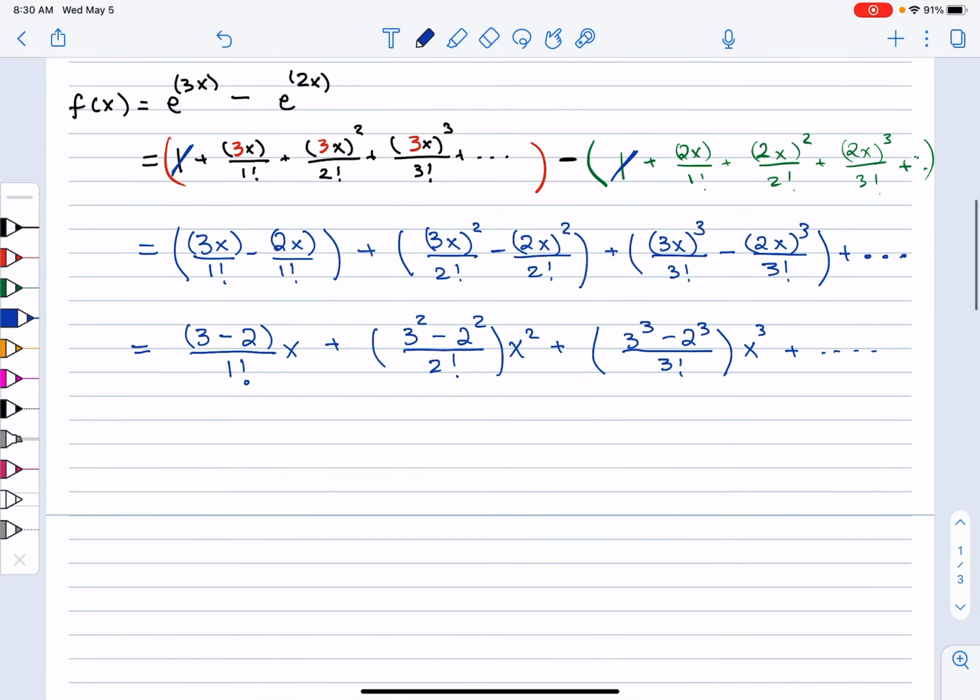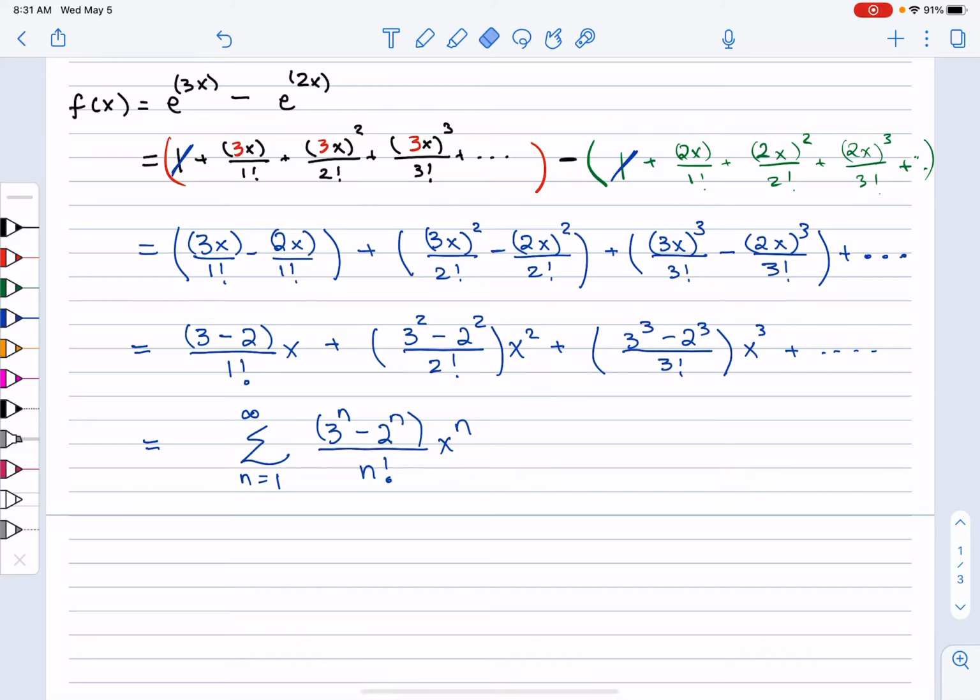We can write this down using sigma notation, and we can say that that is equivalent to sigma as n goes from 1 to infinity of 3 to the n minus 2 to the n over n factorial times x to the n.